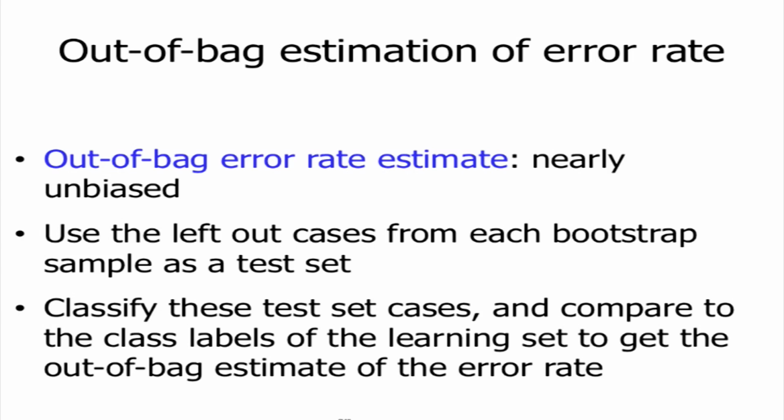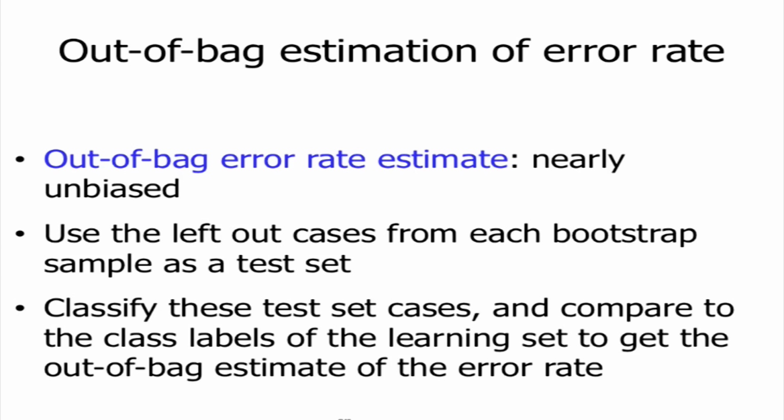Then you classify these out-of-bag cases and compare their predicted outcomes with the true outcome to arrive at an error rate estimate. That's called the out-of-bag estimate of the error rate. So in the case of these bagged predictors, we don't need cross-validation. It serves no purpose.